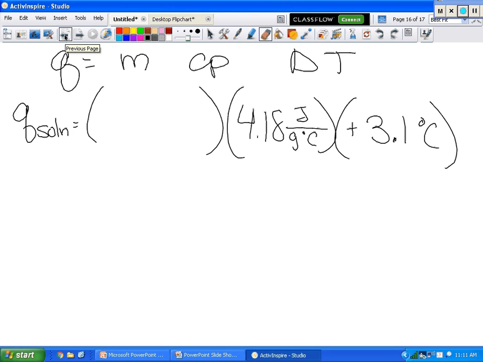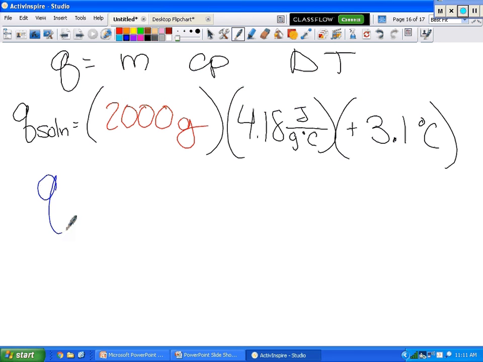So again, your Q of solution is equal to what? 25,000 what? All right, so let's do 25.9 kilojoules. Is that okay? Remember, plus or minus 1, so you're good.